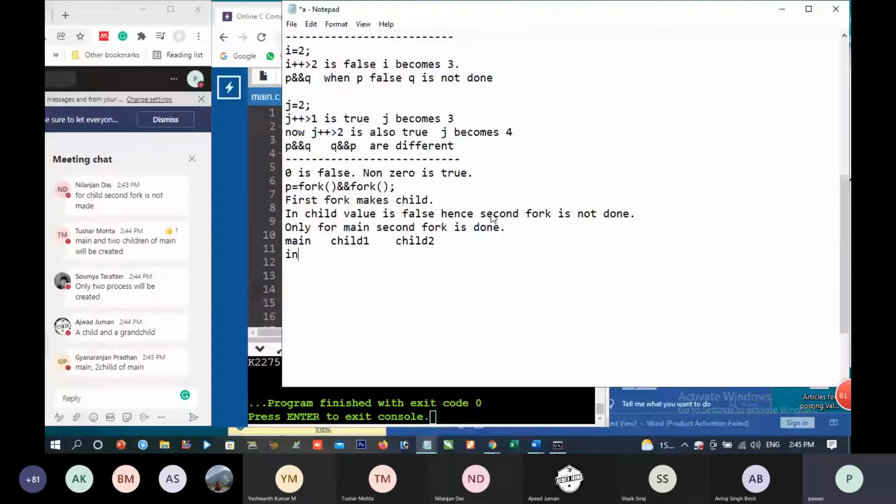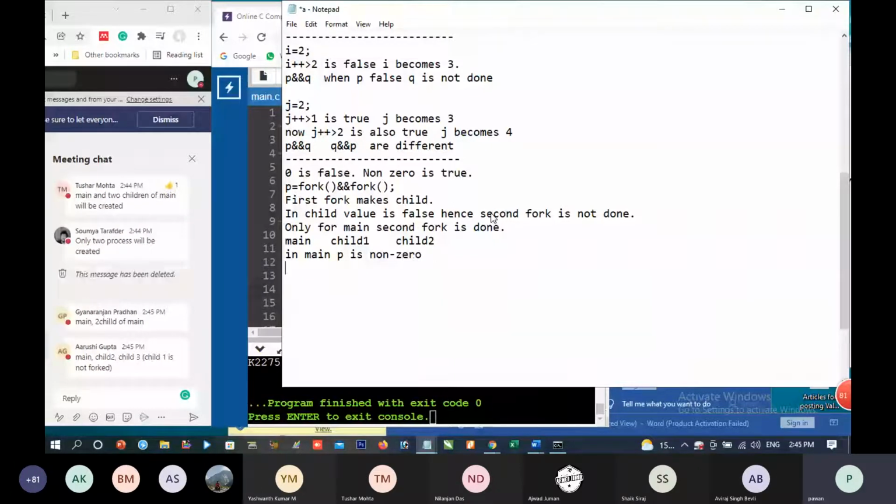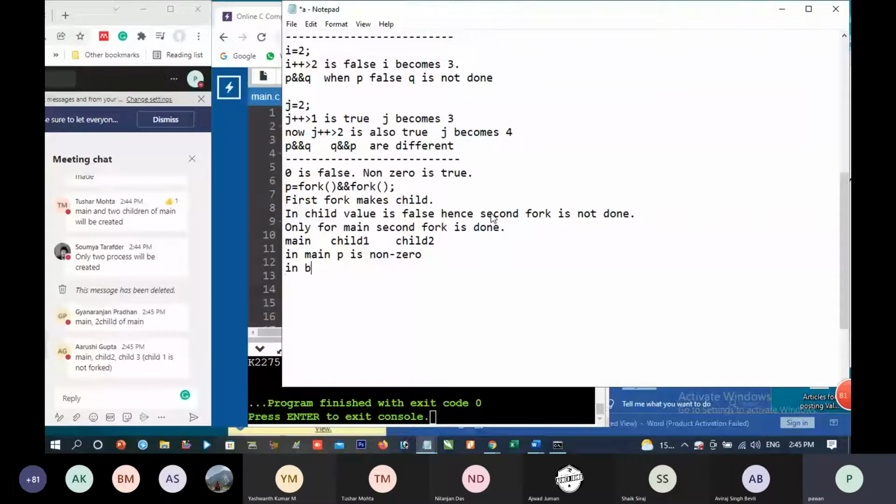In main, P is non-zero. In both children, P is 0. Any doubt? Any doubt till now?